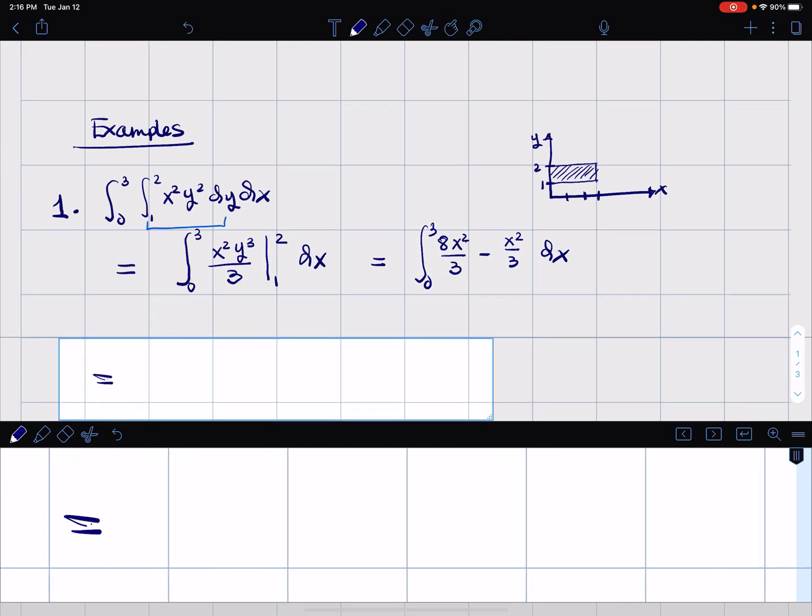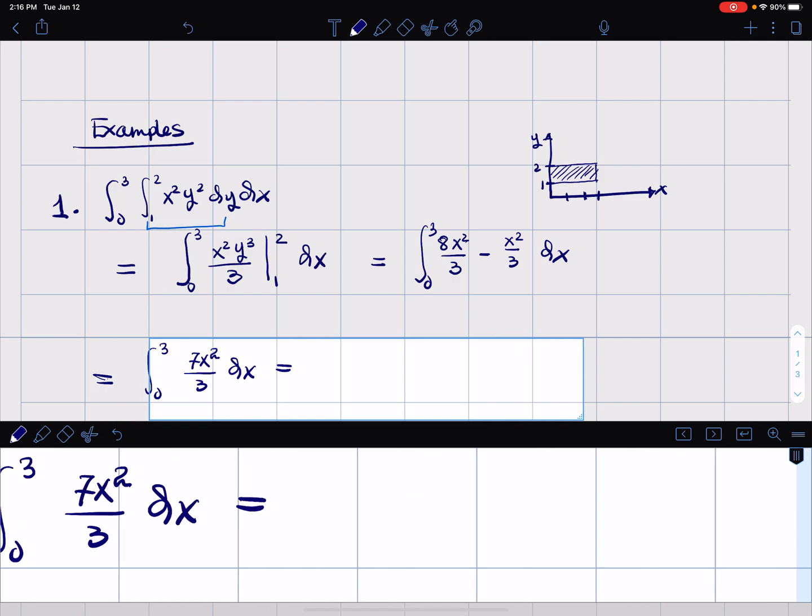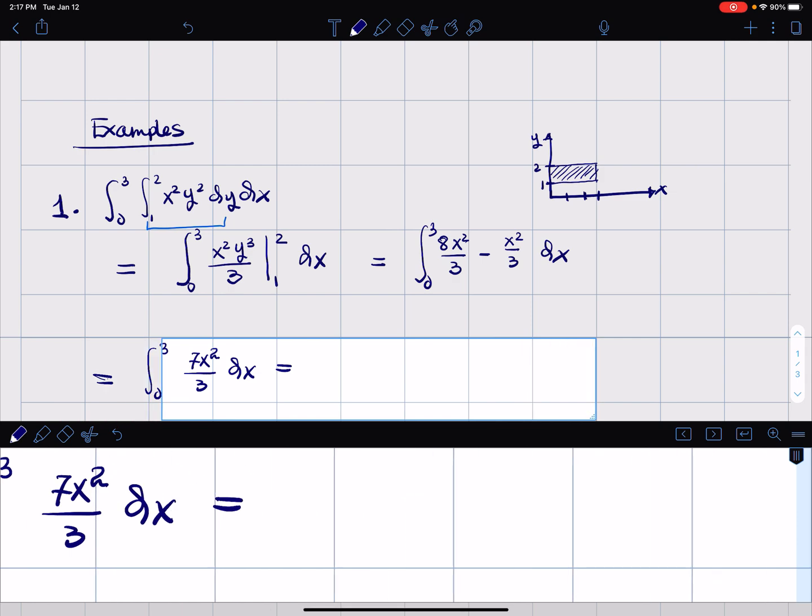And then we keep going. This is the integral from 0 to 3 of 7x squared over 3 dx. Find the integral. So this is going to be 7x cubed over 9, going from 0 to 3.